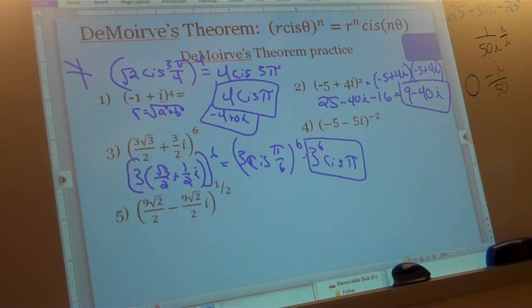So that would be 1/50th cis negative 10 pi over 4, negative 5 pi over 2, which would be 1/50th cis 3 pi over 2.